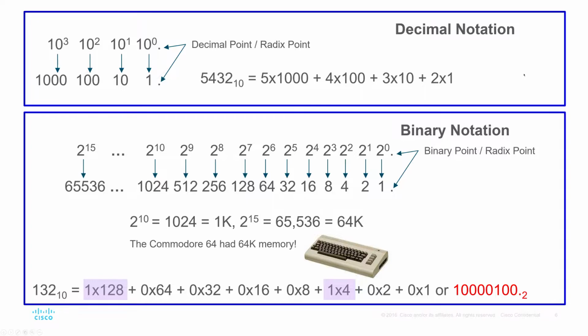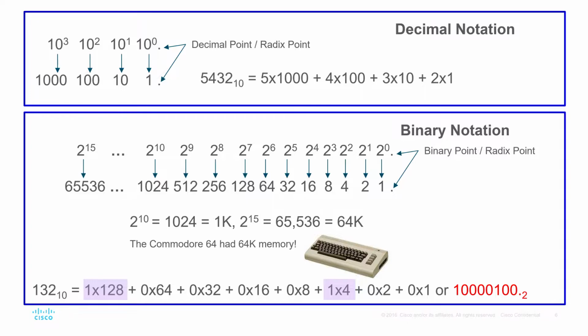Decimal notation should be familiar to all in this class. Working to the left of the decimal point, otherwise known as a radix point, you have the base of the number system, 10, first to the 0 power. Anything to the 0 power has a decimal weight of 1.